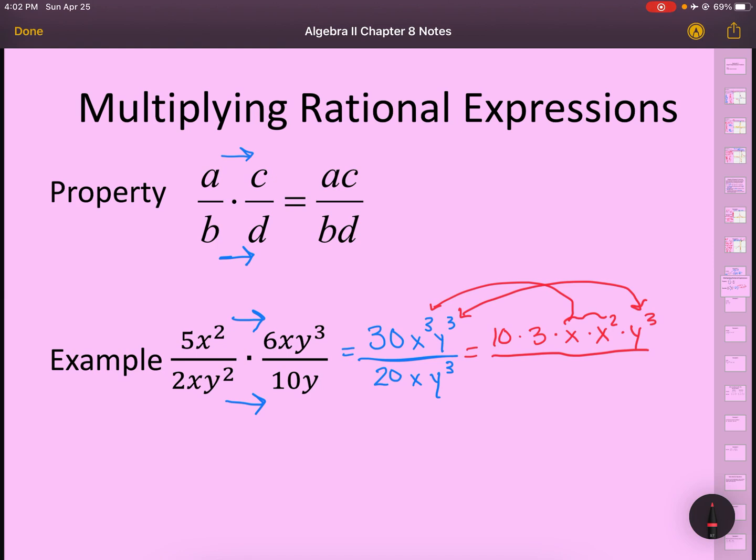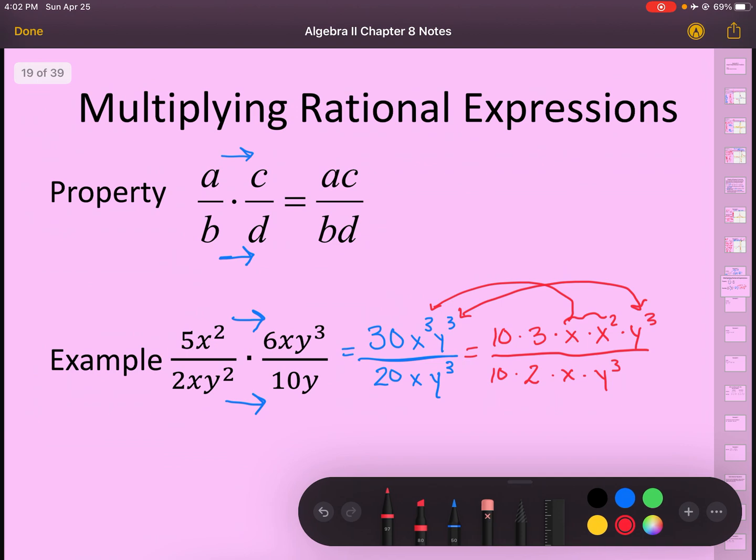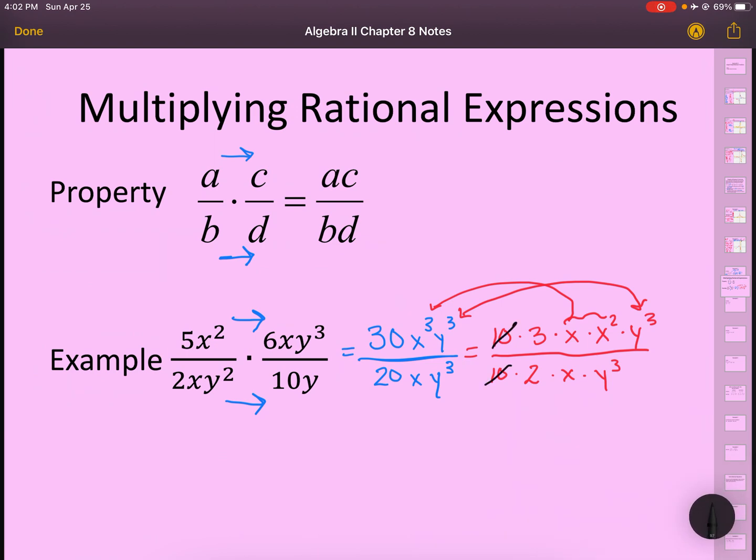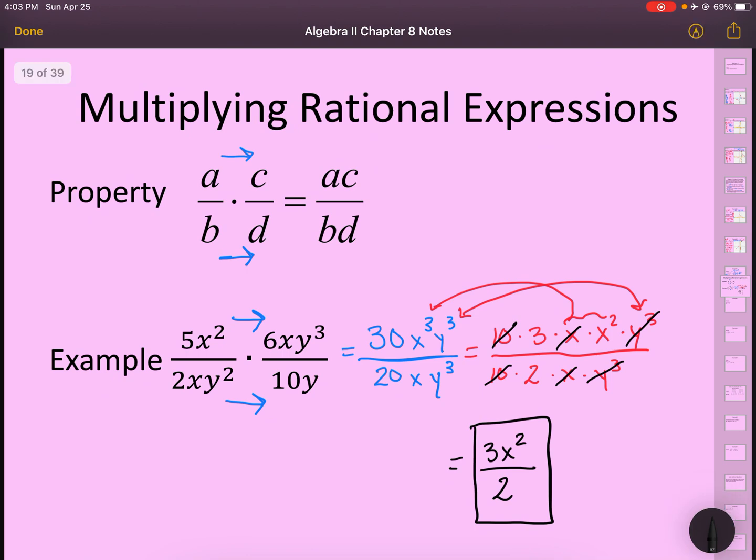Then if I break apart the denominator, I have 10 times 2 times an x, because I only have one of them, and y to the third. From there, I can cancel out the 10's, one of the x's, and the y cubes. After that, we're left with 3x squared in the numerator, all over 2. And that is our simplified rational expression after multiplying those two together.